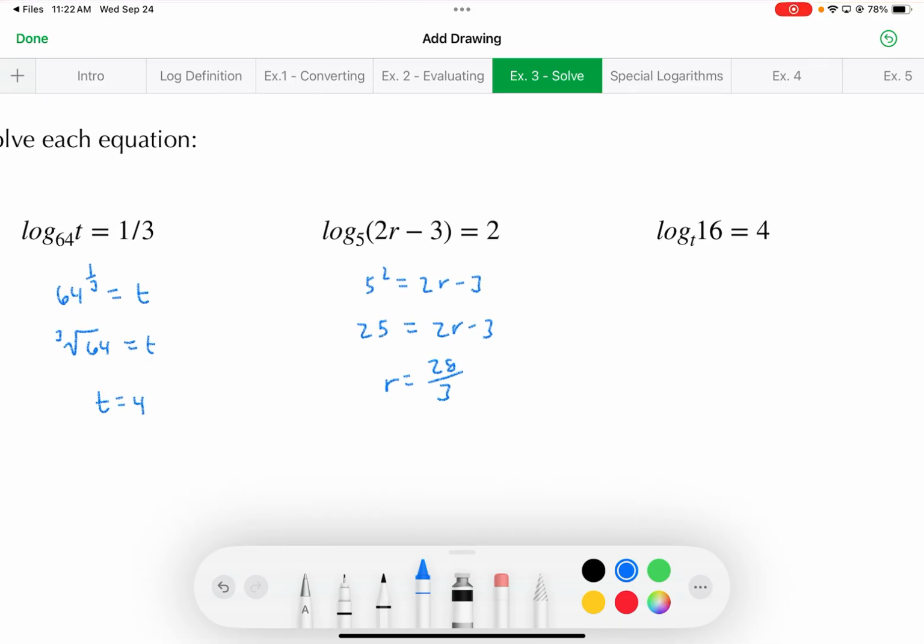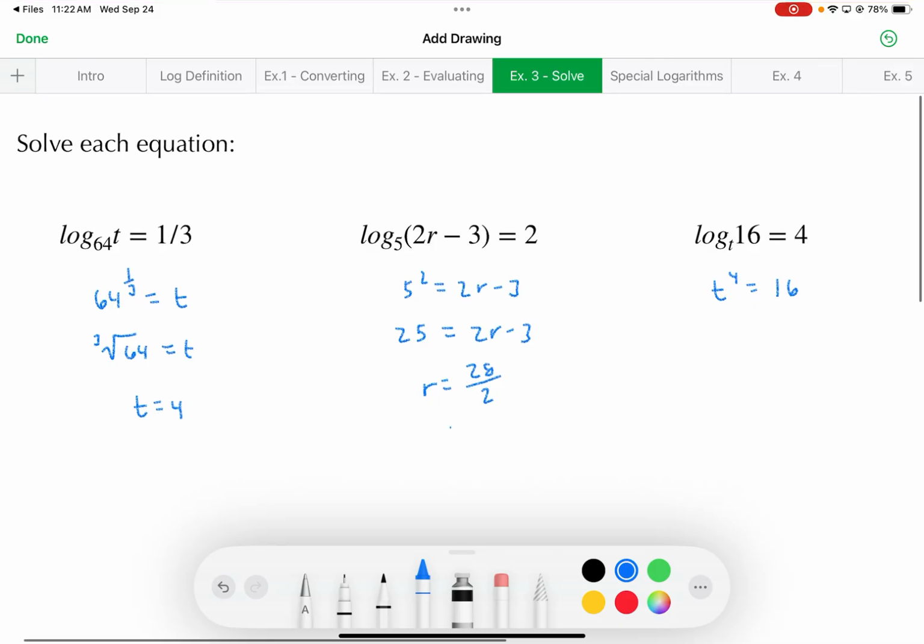All right, and then the last one, we're trying to solve for the base here. Okay, I'm sorry. It's supposed to be 28/2. 28/2, thank you. Oops, sorry. What's 28/2? Ooh, that reduces. Nice, thank you.